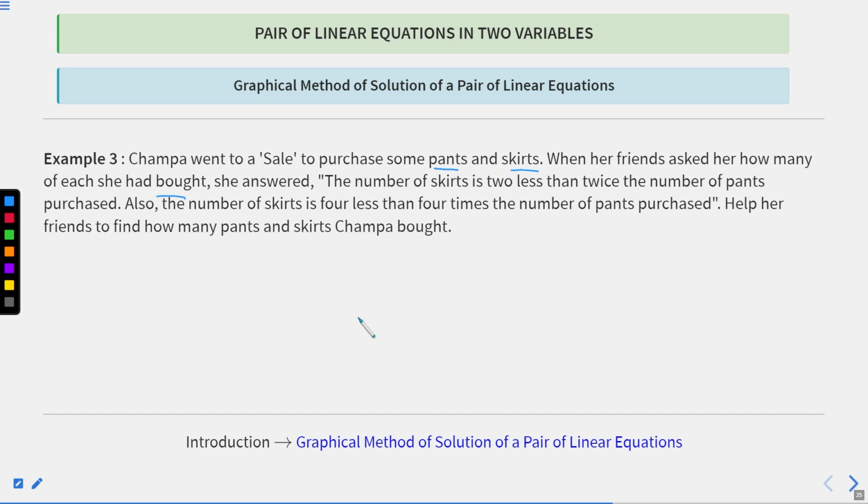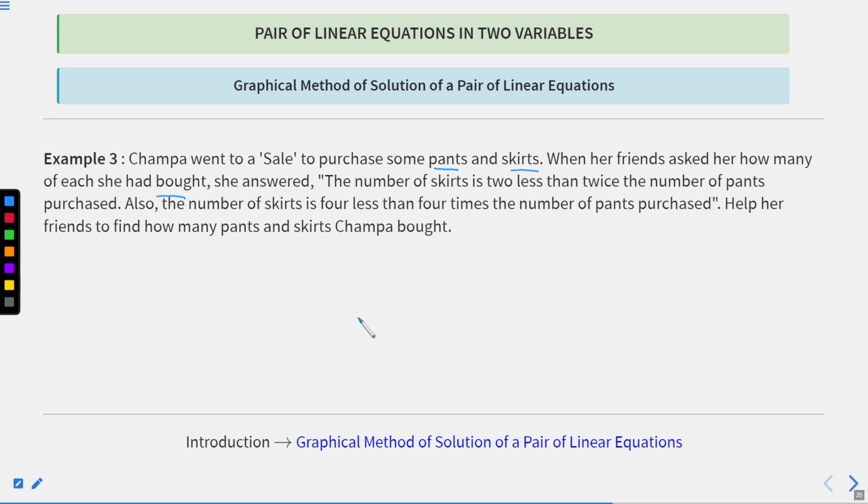So in words, Champa gave some information, and using this information, we have to make a pair of linear equations.